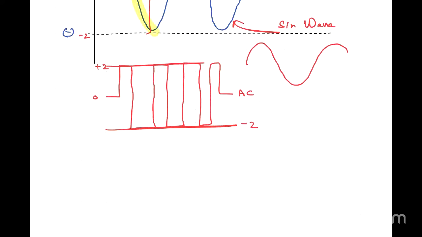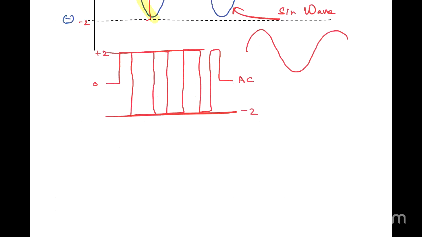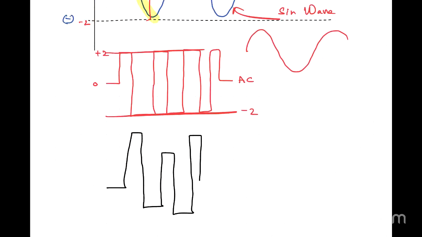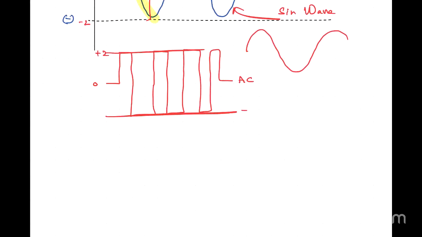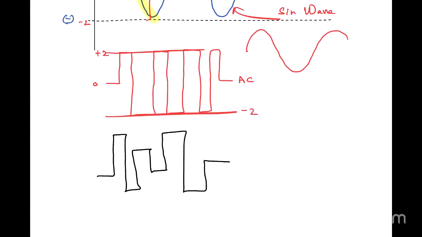And just imagine you are getting a digital signal, something like this, having different sorts of height values, still falling under alternating current.